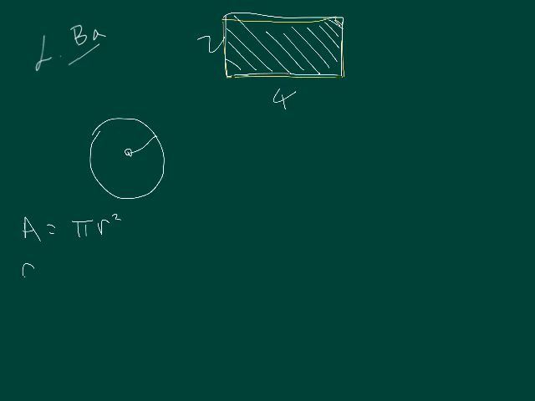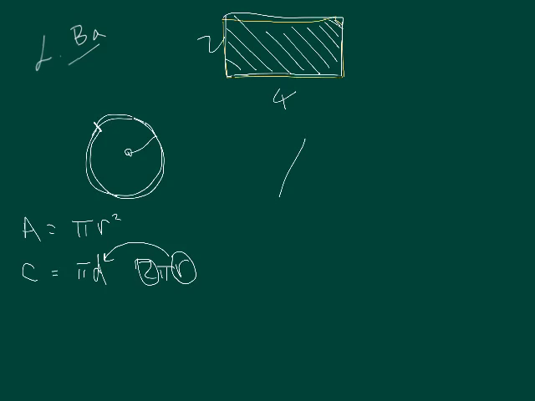Now going back to the circumference of a circle, the distance around, if we start here and go all the way around, we have two options. We can take pi times the diameter, or we can take 2 times pi times the radius, 2 pi r, because 2 times the radius would be the same as the diameter.